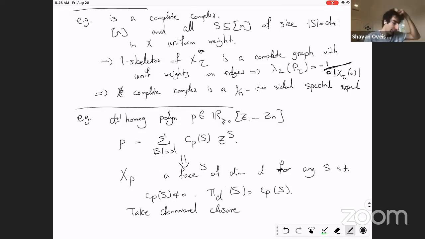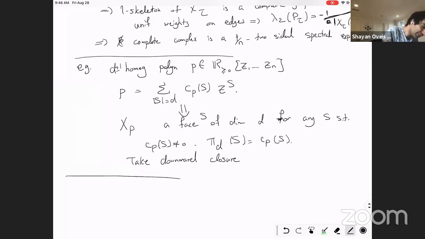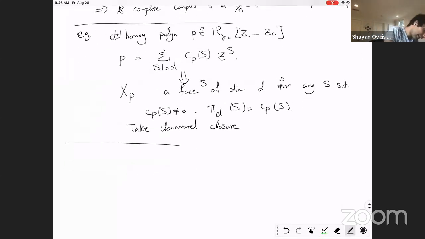Now here is a simple fact, simple to state at least, but it was non-trivial. You can do the other way around as well. Given a complex X, I can construct a polynomial g of X, the generating polynomial of the complex, by looking at top faces of that complex and constructing a monomial for every top face with coefficient equal to the weight. So exactly the same process, you can do in the opposite direction.